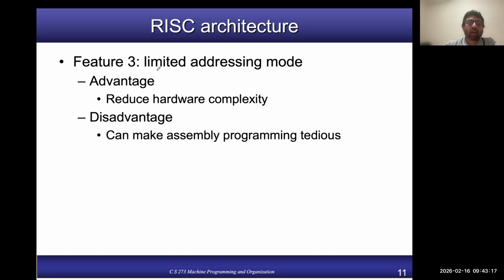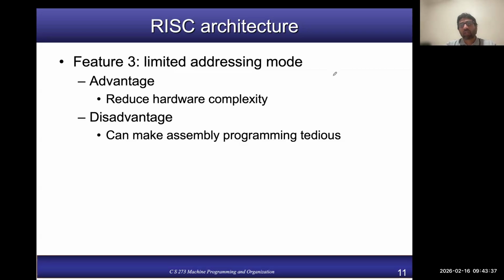Feature 3, RISC architecture has limited addressing modes. Now you will ask what is an addressing mode, right? So addressing mode is basically the way or mechanism to specify the operands of an instruction.